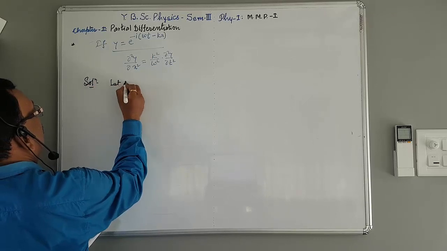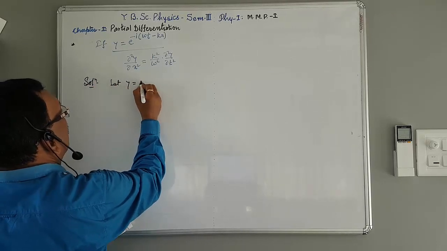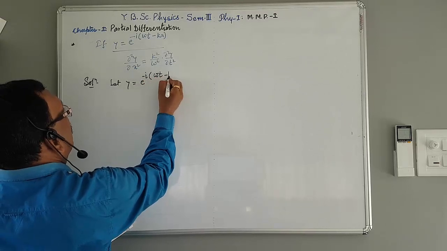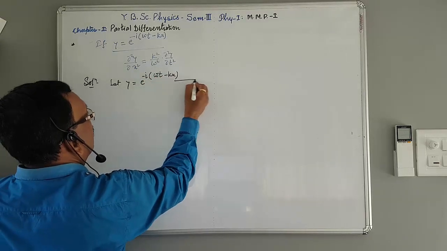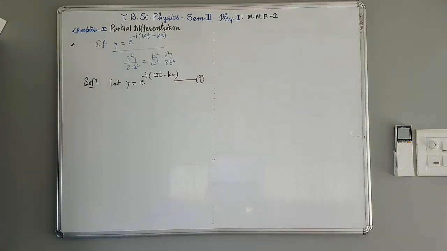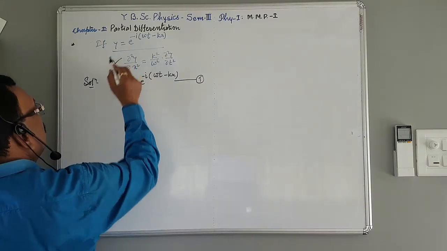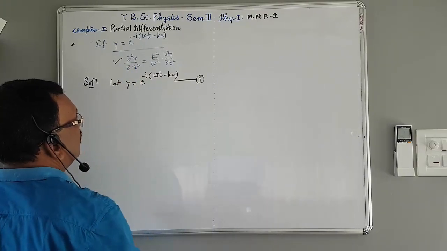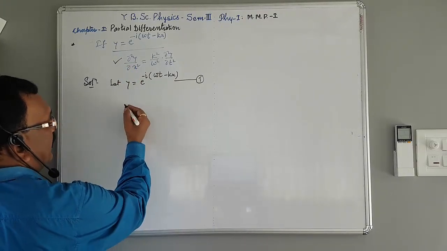Let y is equal to e^(−(iωt − kx)). Suppose this is equation number 1. Now in order to show this, differentiate the given function with respect to x.